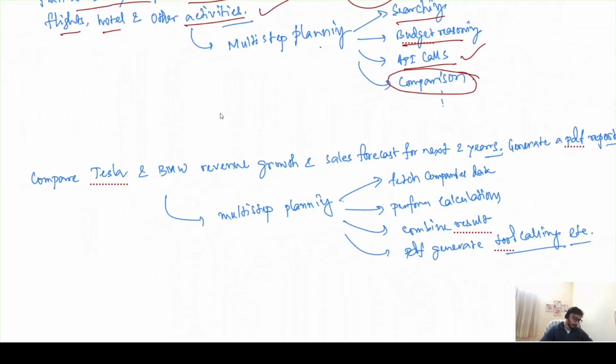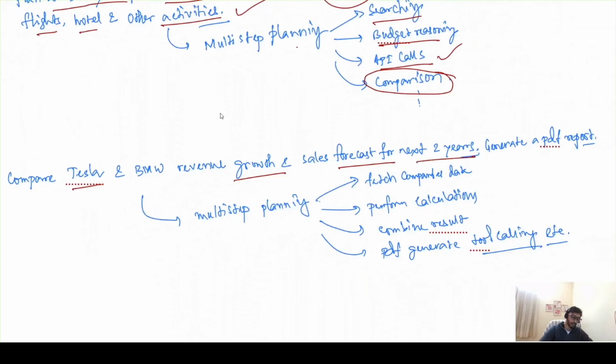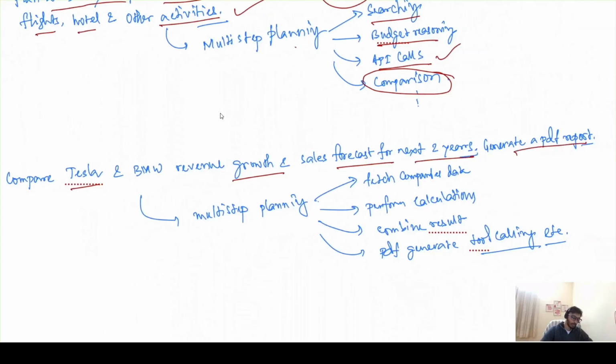You are an analyst and you need to compare Tesla and BMW's revenue growth and sales forecast for the next 2 years, and you need to generate a PDF report. So in this case, this is also multi-step planning required.